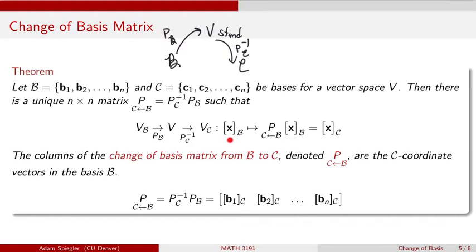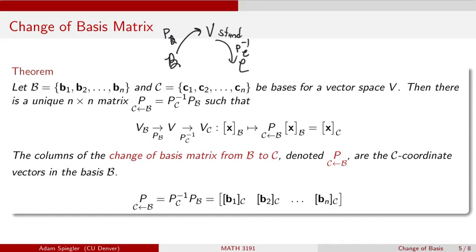So this is going to map vectors in V written with respect to B coordinates all the way over into vectors still in vector space V, but now expressed relative to basis C, in C coordinates. And so one way to do this again is by multiplying the two matrices, P sub B and then P sub C inverse.